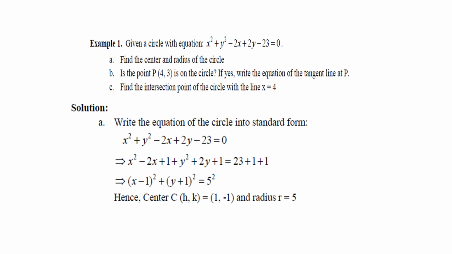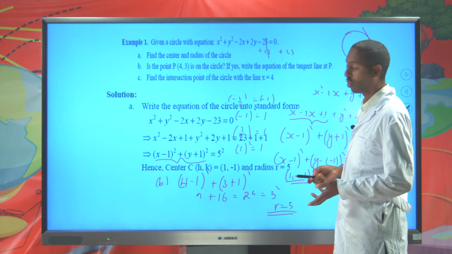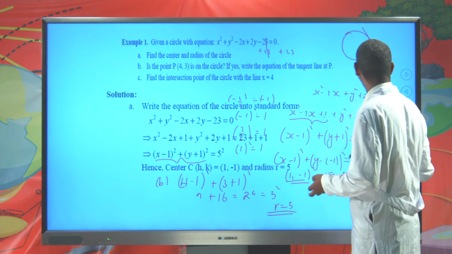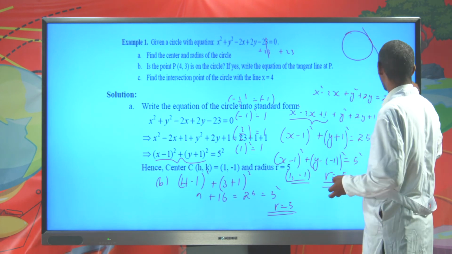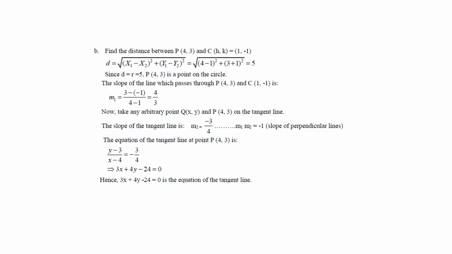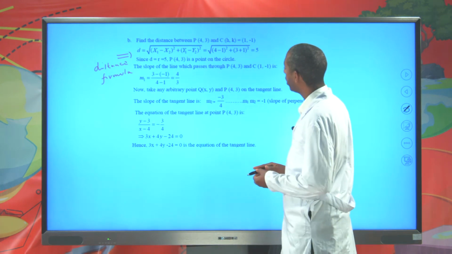The other way of solving this, we may use the distance formula. Let me show you how. We know the distance formula: the square root of (x1 minus x) squared plus (y1 minus y) squared.